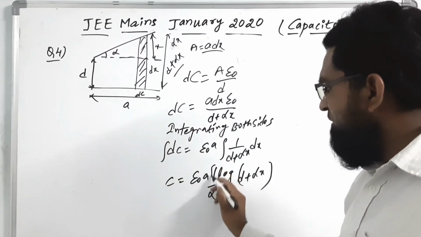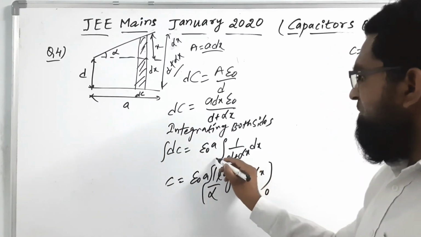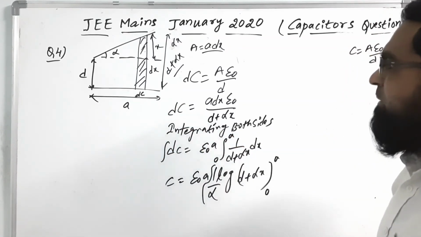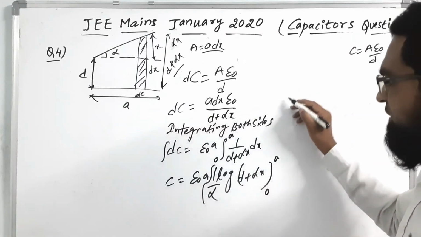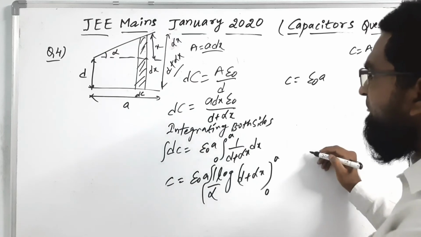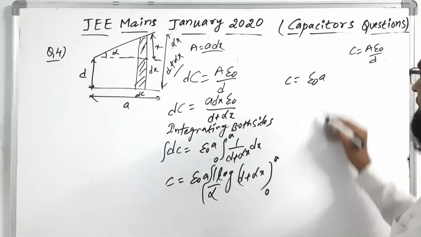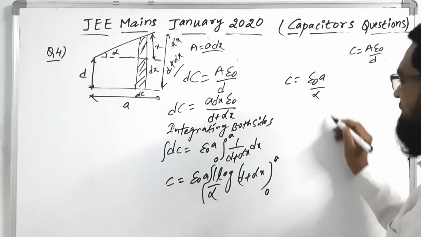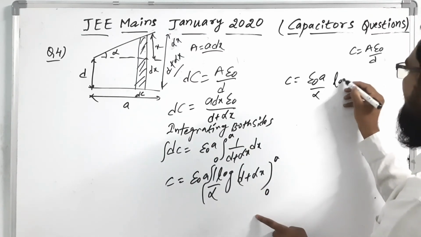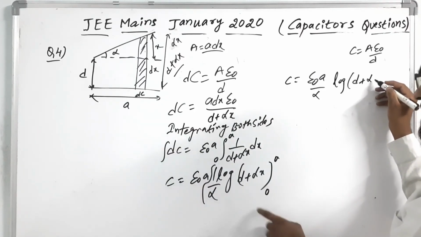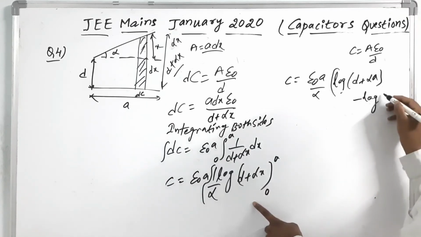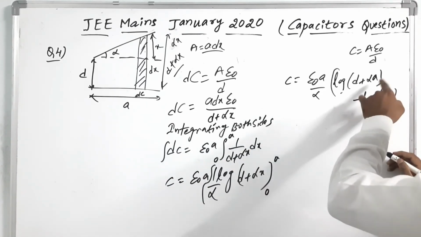The limits are 0 to A, total distance 0 to A. After integration, substituting: epsilon naught A, and 1 by alpha is a constant, times log of the upper value minus the lower value: log of D plus alpha A minus log of D, with the lower limit 0.